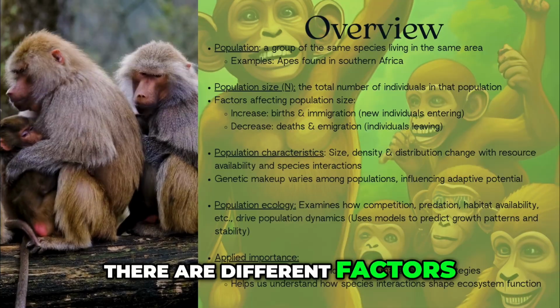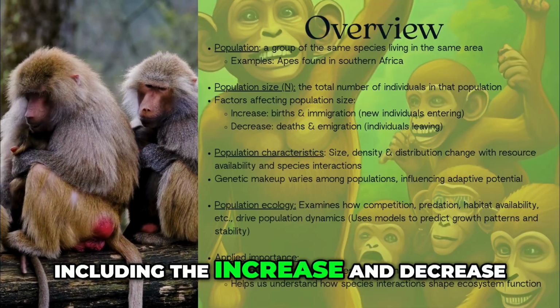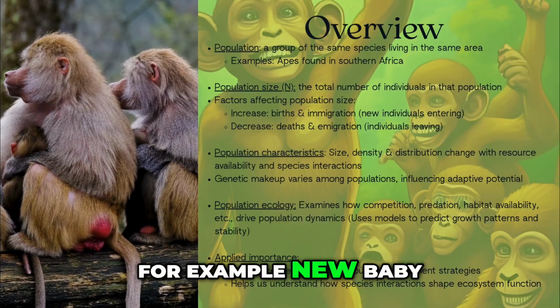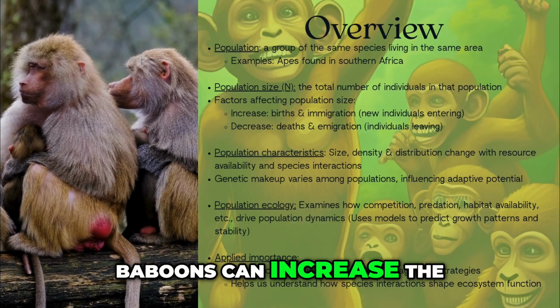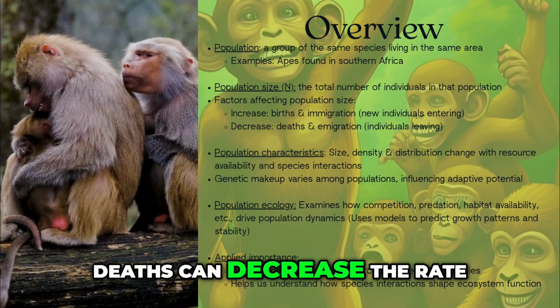There are different factors that can influence population size, including the increase and decrease. One of them is births. For example, new baby baboons can increase the rate. And deaths can decrease the rate.